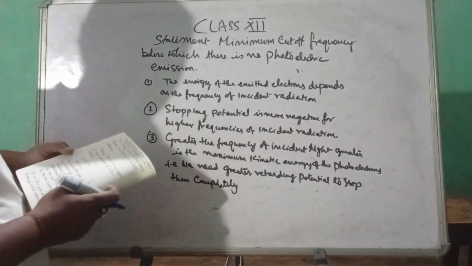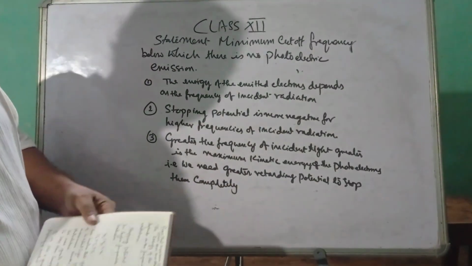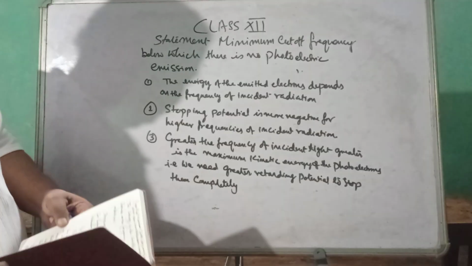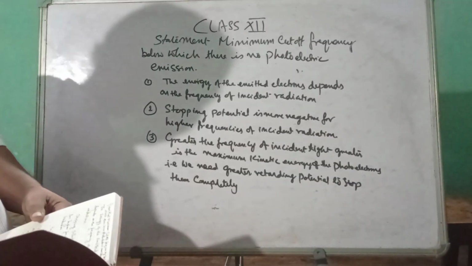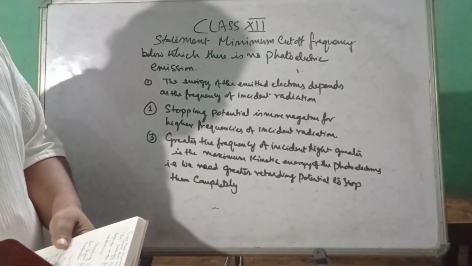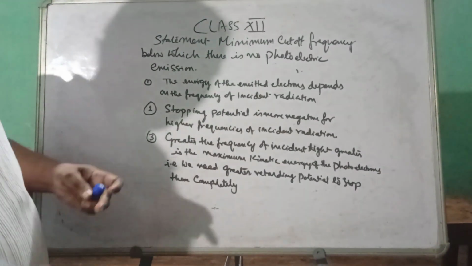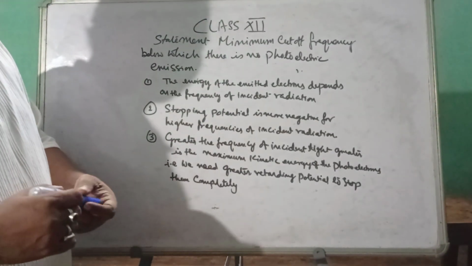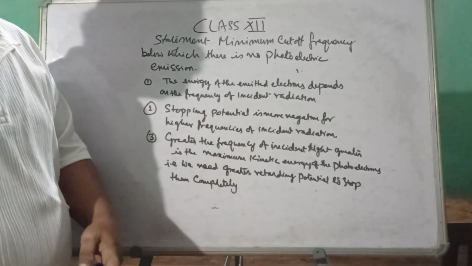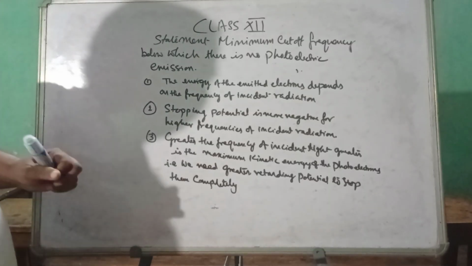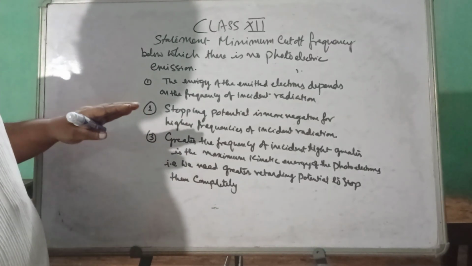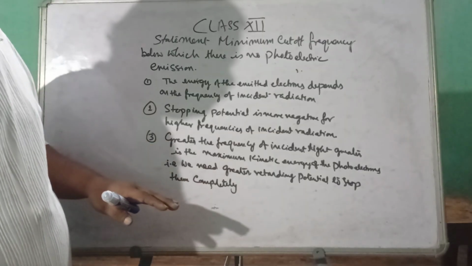So see how they have proved this, the minimum cutoff frequency below which there is no photoelectric emission. I want to tell you that in your textbook everything has been proved in a very systematic manner.